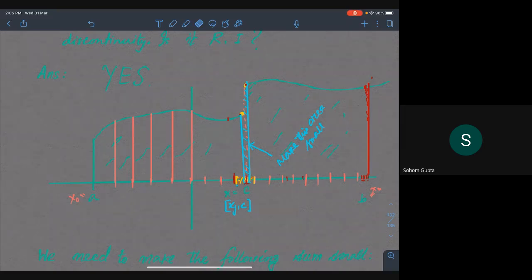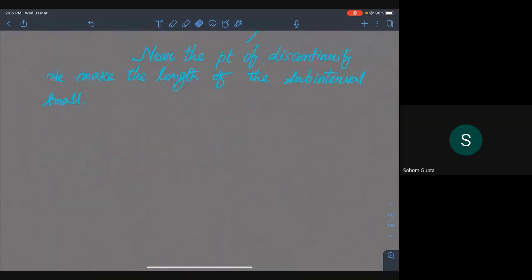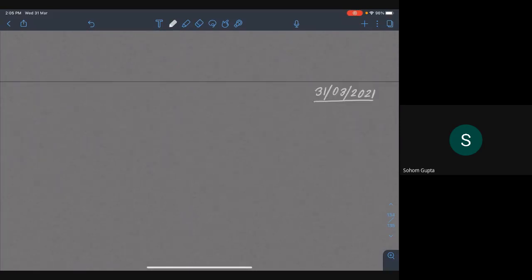So near the point of discontinuity, you make the length of the partition as small as you please, and in the other part your functional value is small when the partition becomes smaller. So that is the main idea. Now this idea is implemented for the following things also.